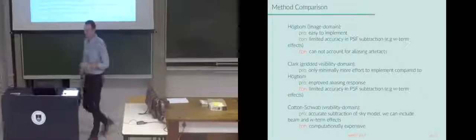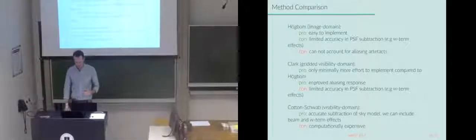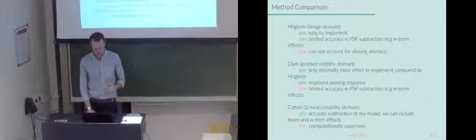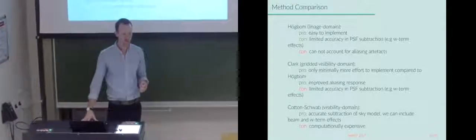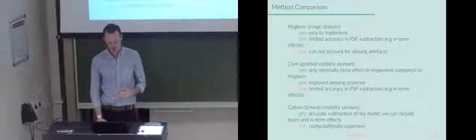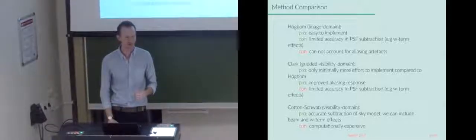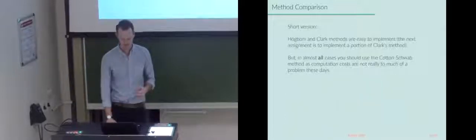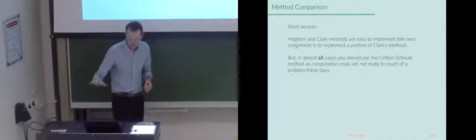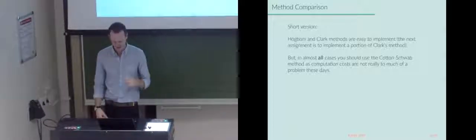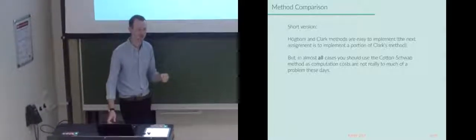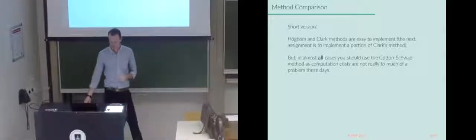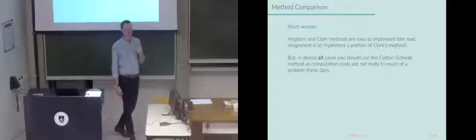I wouldn't recommend you write your own Cotton-Schwab unless you're really bored, because you do have to incorporate gridders and degridders and all sorts of computationally efficient methods to correct W terms. If you do want to write one, you can probably write it as a PhD thesis. People do. Short version, to reiterate one more time: Högbom and Clark, easy or reasonable to implement. In almost all cases, you want to use Cotton-Schwab.